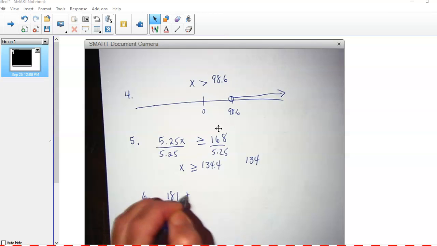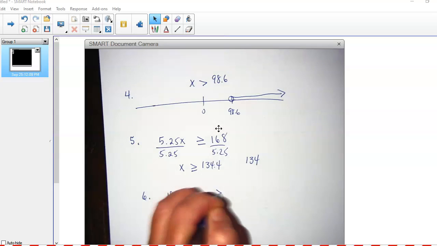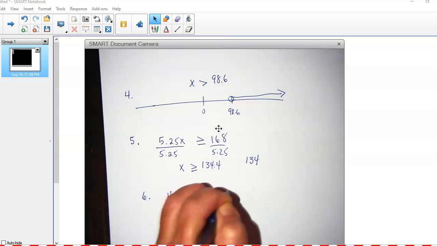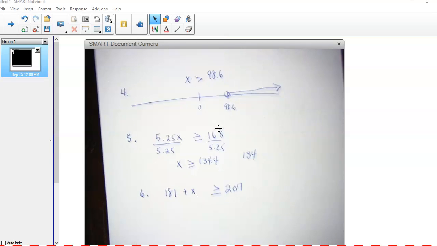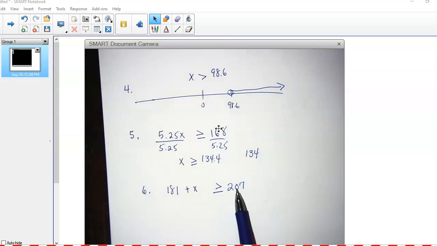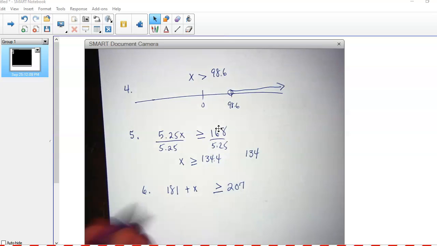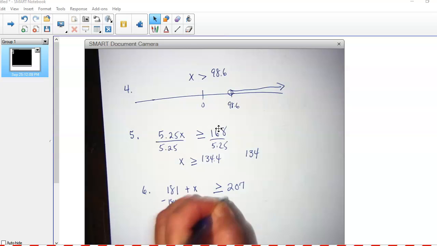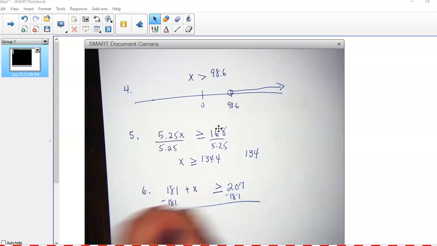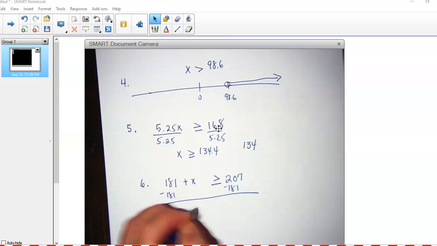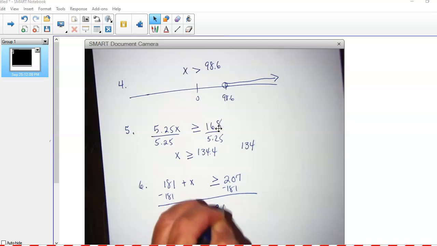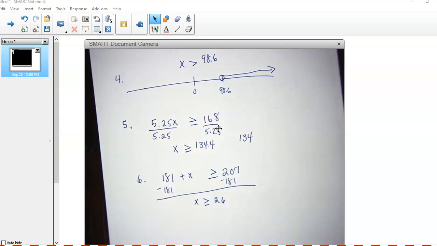So we don't know how many he needs to score, but he wants to either beat it or tie it. So if we make it equal to, he's going to tie it, but if we make it greater than that, then he's going to beat it. So we're going to solve this. Okay, so 26 to tie, but anything greater than that, he's going to beat it, right?